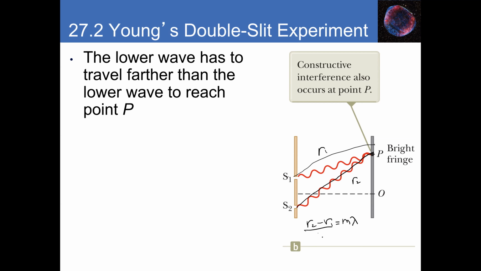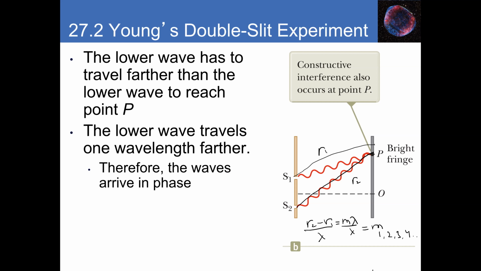If I divide both sides by lambda, the coefficient in front of lambda is what matters. Here I'm not going to get 0 because you definitely have different distances, but if I get 1, 2, 3, 4, then I know it's constructive. The lower wave travels a wavelength further and arrives in phase.